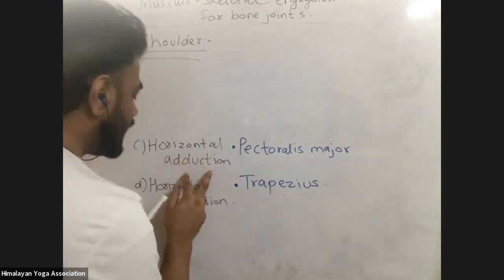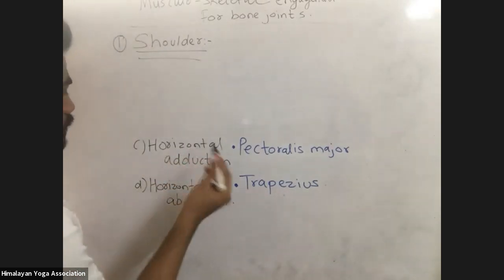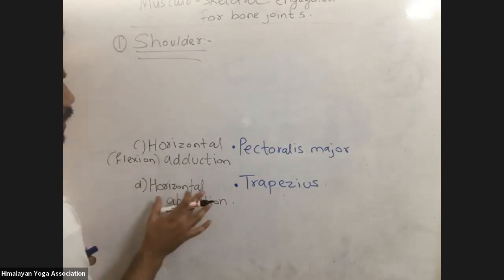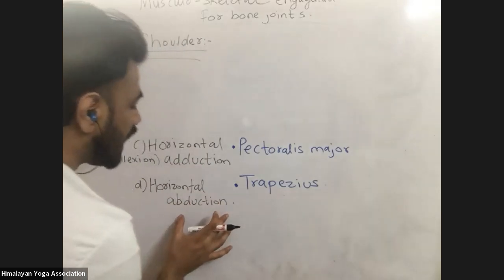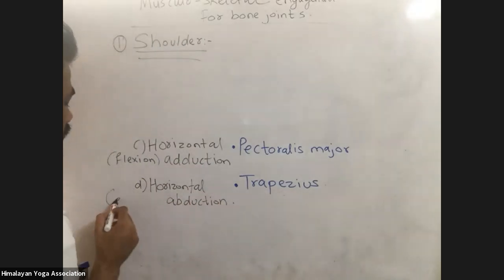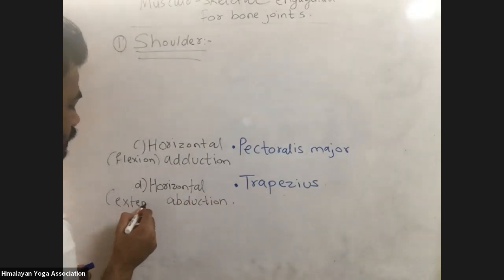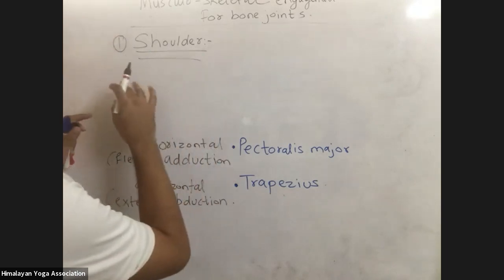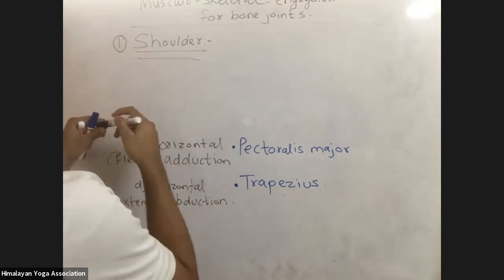This horizontal adduction you can say, or you can also say horizontal flexion. This is horizontal abduction, you can say away, or you can also say horizontal extension. Now we have just the abduction movement of the shoulder.